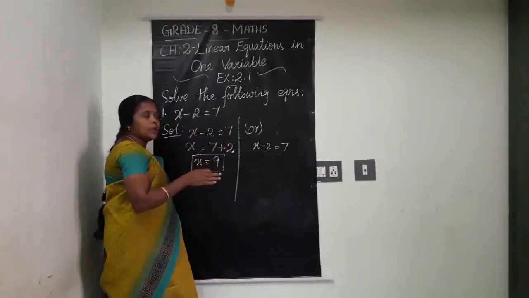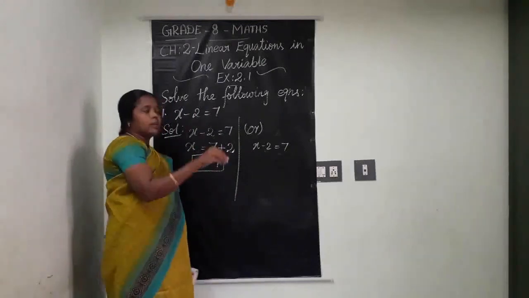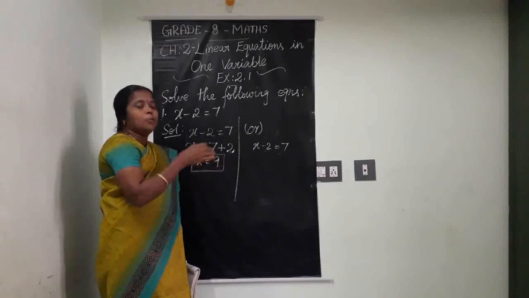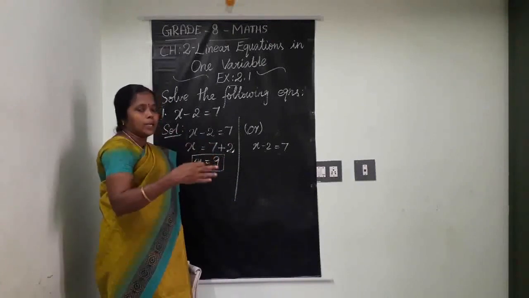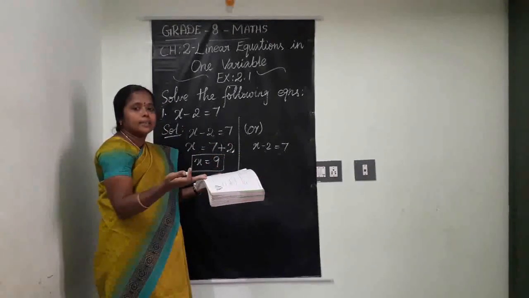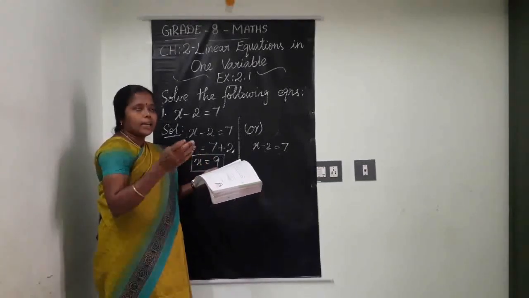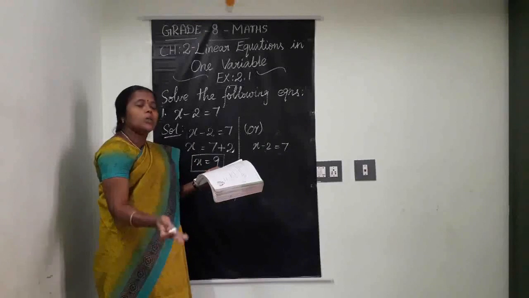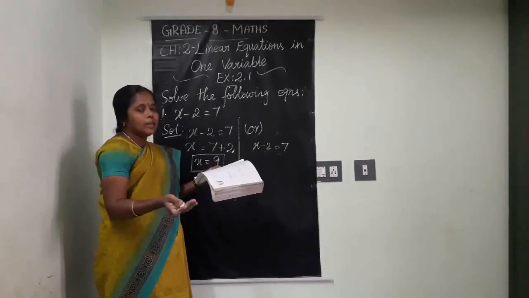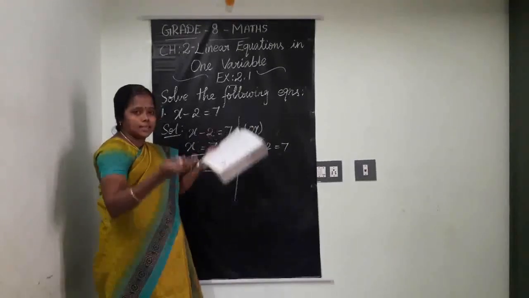Why am I telling you to add 2 on both sides? Because whatever you insert, if you do it on both sides, they will be balanced. If you add 2 on the left hand side and leave the right hand side, they will not match, no? That means unbalanced.